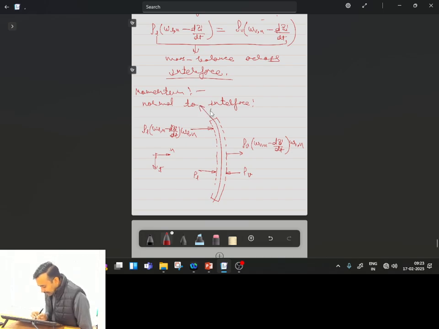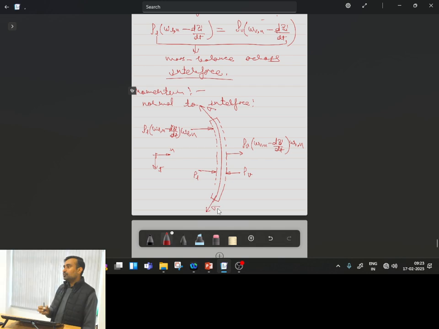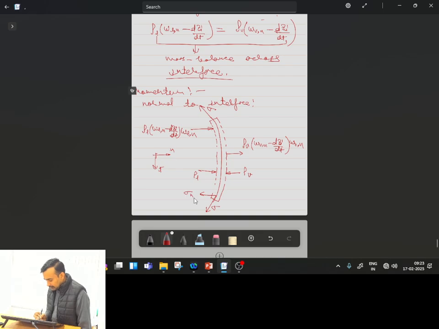We also know that at this interface, the surface tension sigma will induce some force, and this can have two components. One component will be in the normal direction because of surface tension.